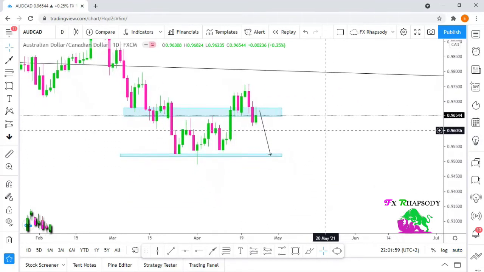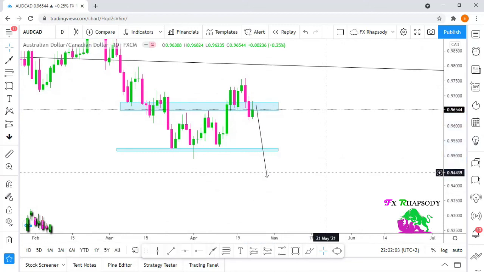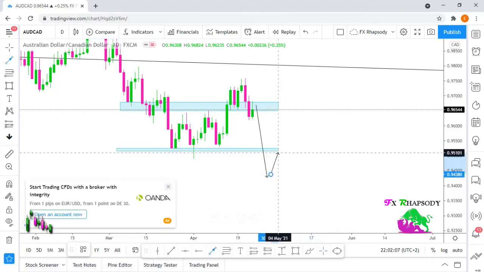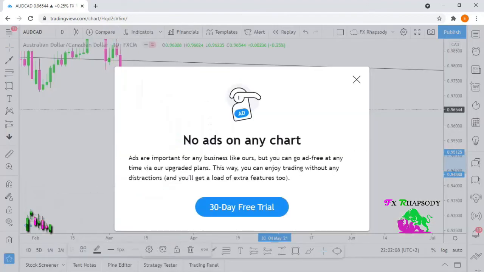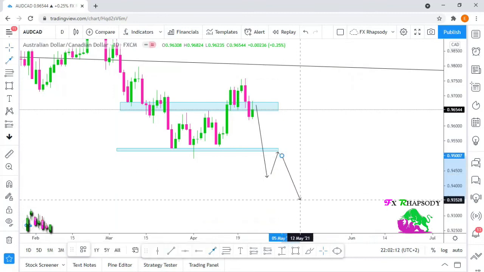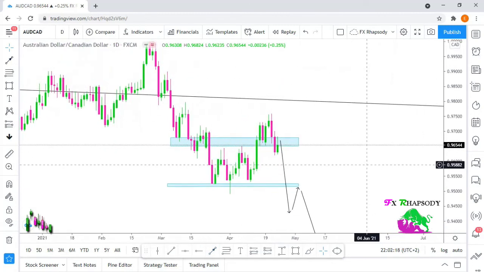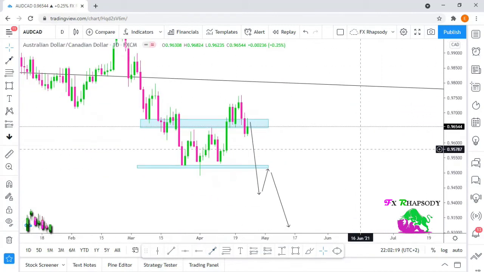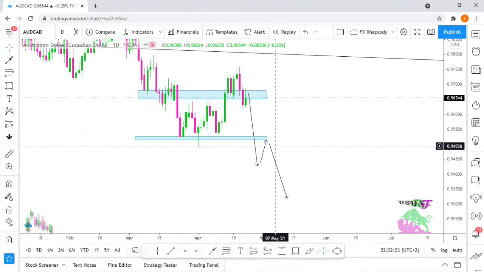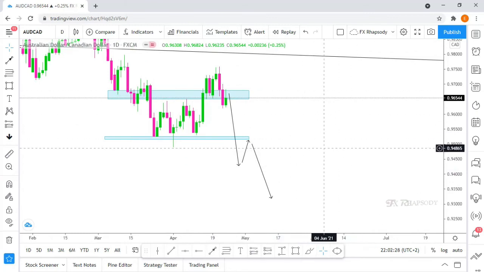There's even a possibility that price may break through to the downside, come back up to retest this area, and then start heading down, because on the monthly time frame price has been retesting this strong trend line. So this is my analysis on the Australian Canadian dollar. Let's see how it plays out next week.